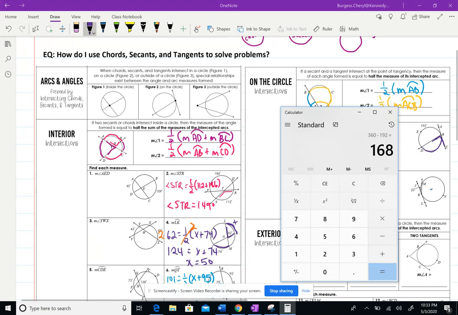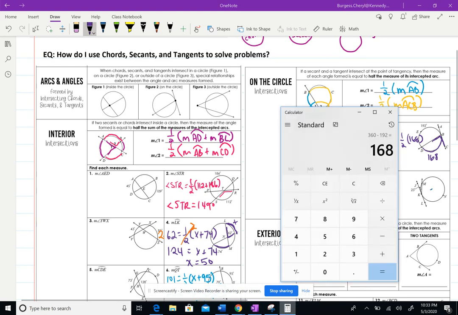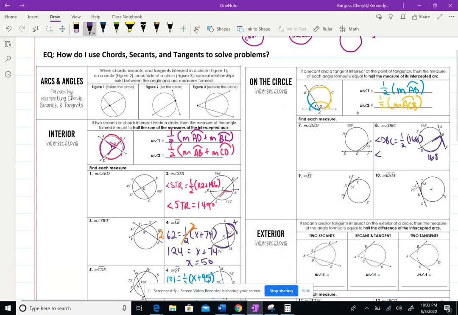So its intercepted arc is 168. So the measure of angle DBC is equal to 1/2 of 168, which is, I think it's 84, but let's just double check. 84. So angle DBC is 84 degrees.